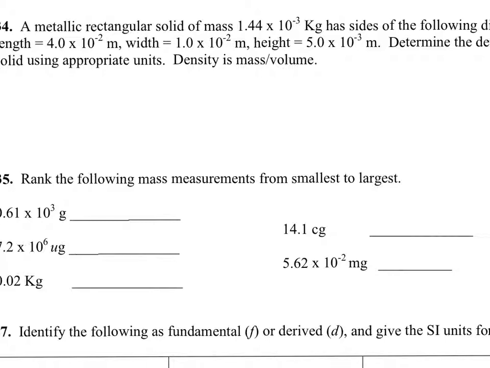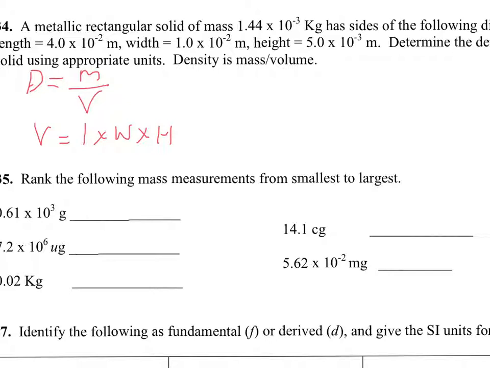Density is mass divided by volume. So the first thing that I'm going to do is write down the formula for density. Density is equal to mass divided by volume. We also know that volume for this rectangular solid is length times width times height.